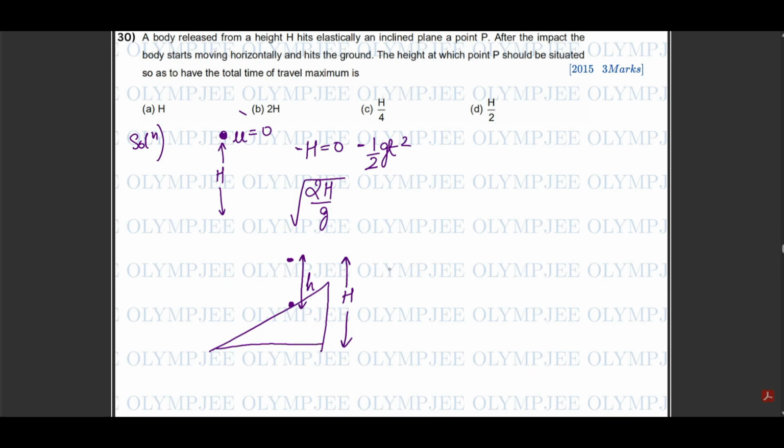So the total time of travel will be root of 2x by g plus root of 2(h minus x) by g, because here also the particle is moving horizontally and does not have any vertical velocity. So this will remain the time. So now we need to find the height for which the total time will be maximum.